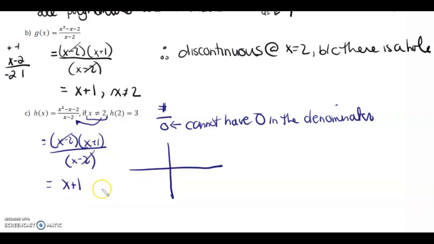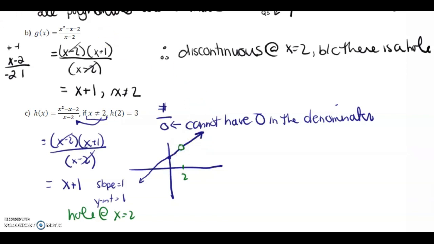By the way, when I see this, I think slope is 1 and y-intercept is also 1. So I'm thinking it looks approximately like this, except there's going to be a hole at x equals 2. So just get rid of that inside, okay?